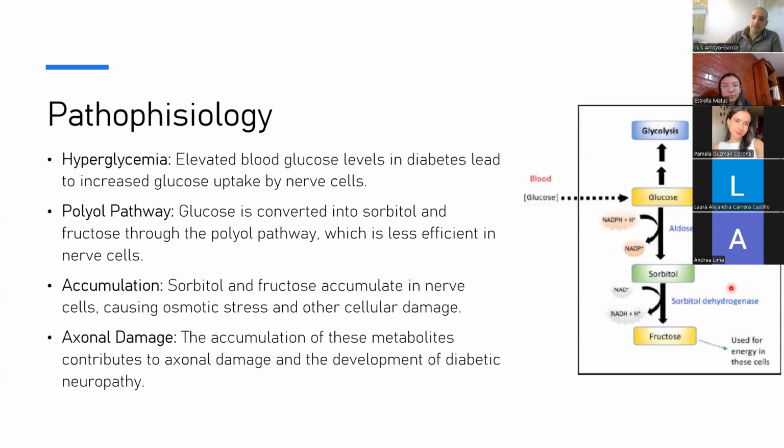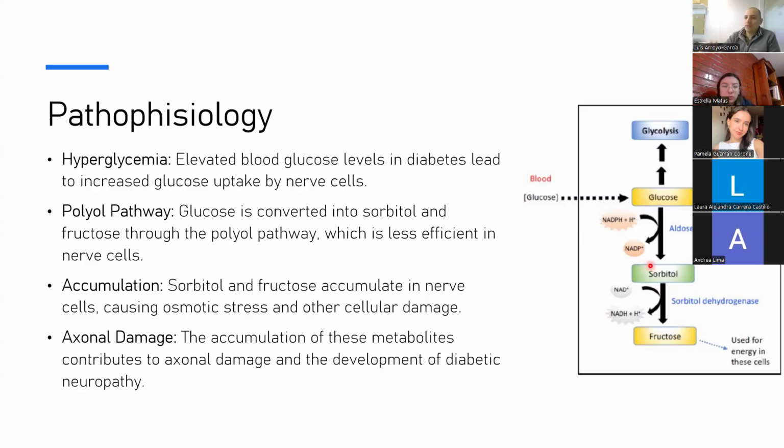So this is the logic of this. We have hyperglycemia, elevated blood glucose levels that lead to increased glucose uptake in nerve cells. To go to the neurons again, we don't need insulin.